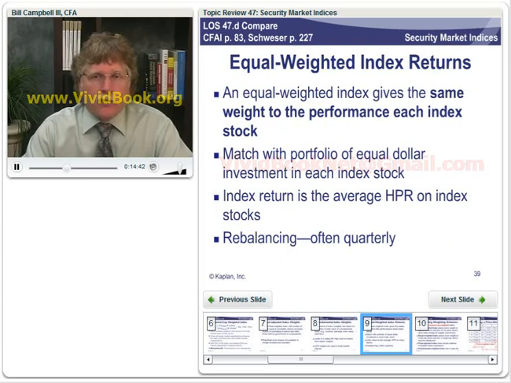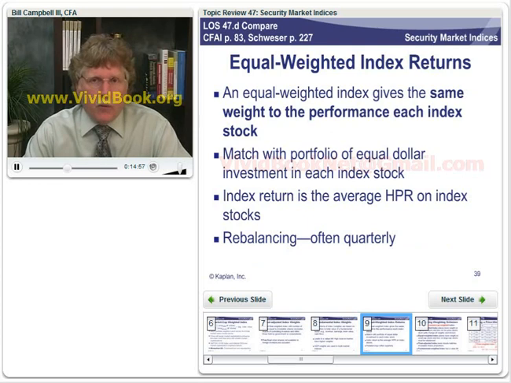We can also have an equal weighted index. This gives the same weight to each stock in the index. So it's as if we bought the same dollar value in each stock. We bought $1 of stock A and $1 of stock B and $1 of stock C, and so on. So to calculate the return here, we simply average the holding period return for each stock.